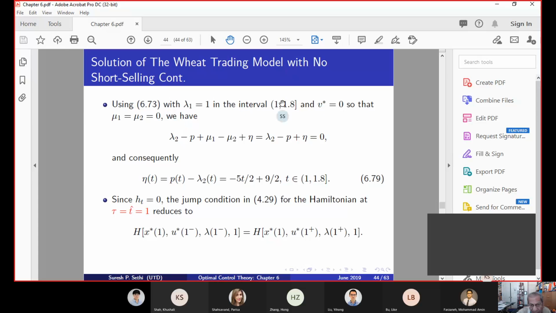So I can conclude that in 1 to 1.8, V star is 0, so that mu1 and mu2 equal to 0. Because these are the complementary slackness conditions associated with this. So when that is 0, I can write this equation as this equation. And that gives me eta t equal to P2 minus lambda t. So I can get all of these. And I'm ready for my Hamiltonian condition.